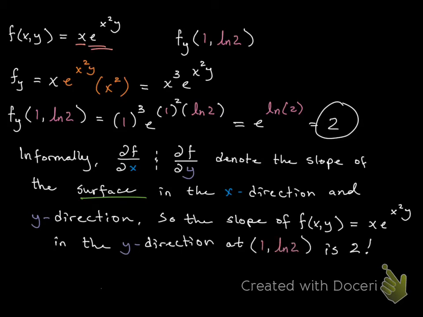So at that point, on the x y plane, on my surface, that's defined by f of x y is x e to the x squared y, the slope in the y direction is just 2. Okay? So I could talk about the slope in the x direction, not really the z direction, right? That doesn't make that much sense in this case. But my surface here, I can look at slopes in specific directions.